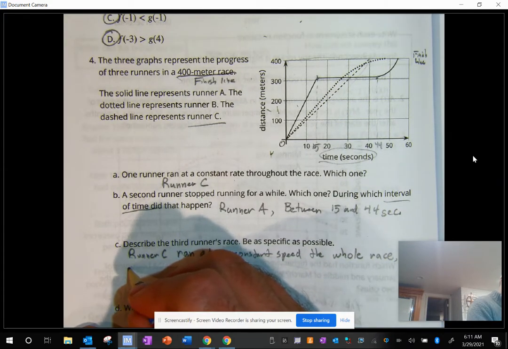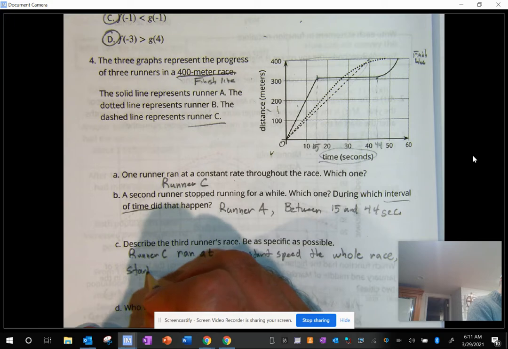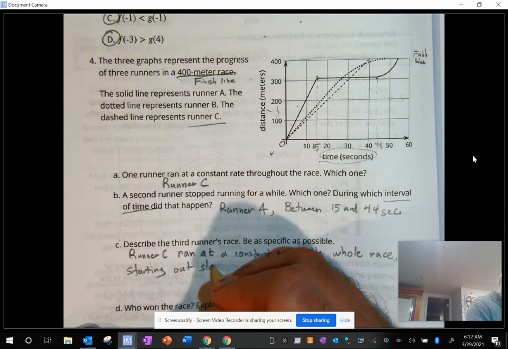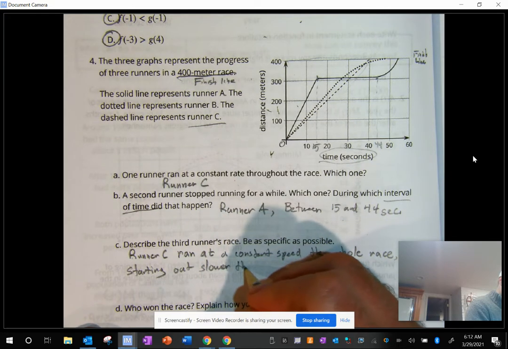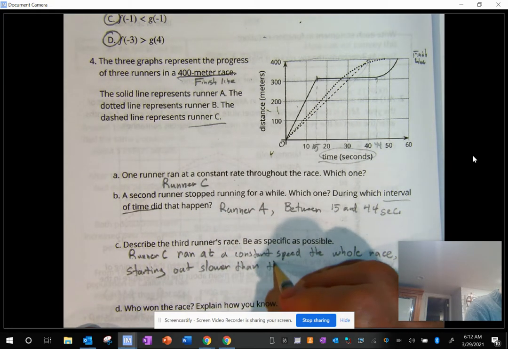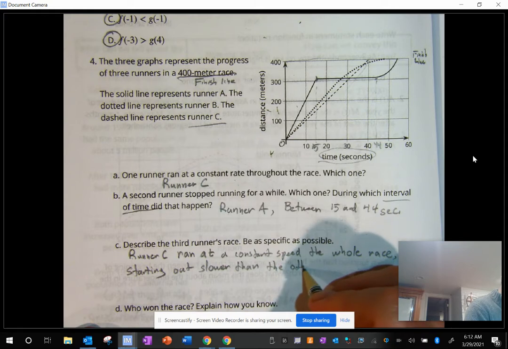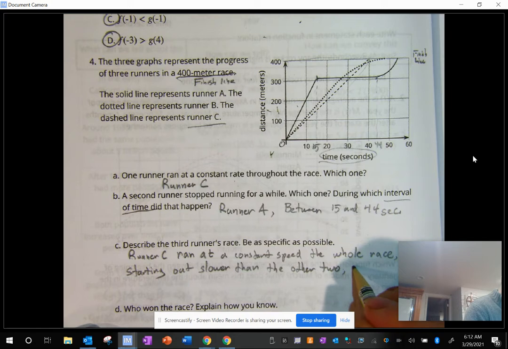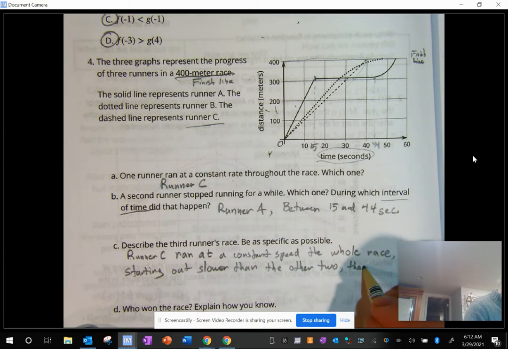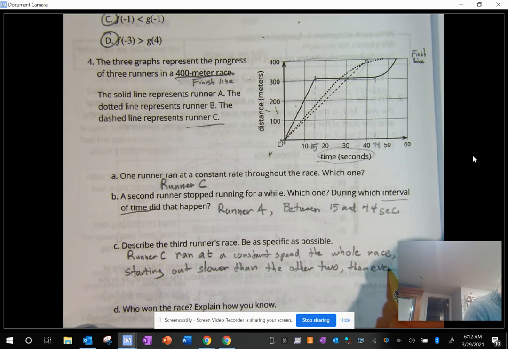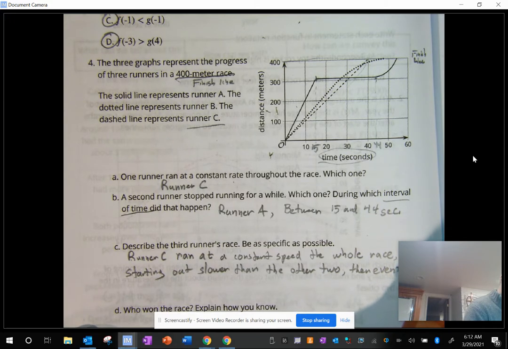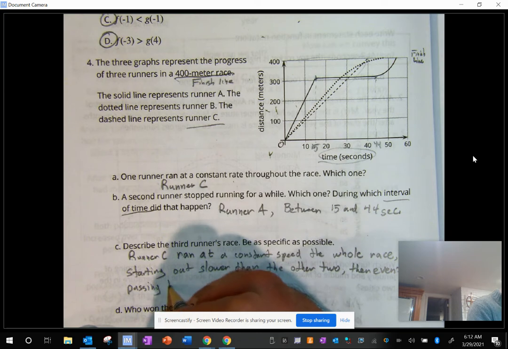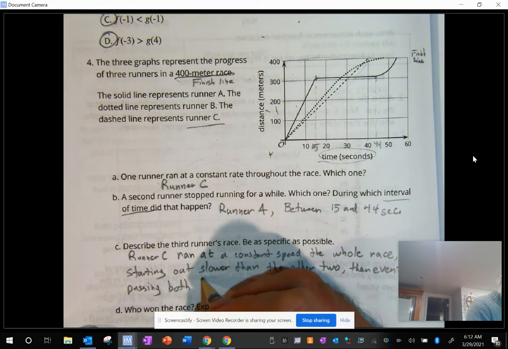Starting out slower than the other two, then eventually passing both of them before winning the race.